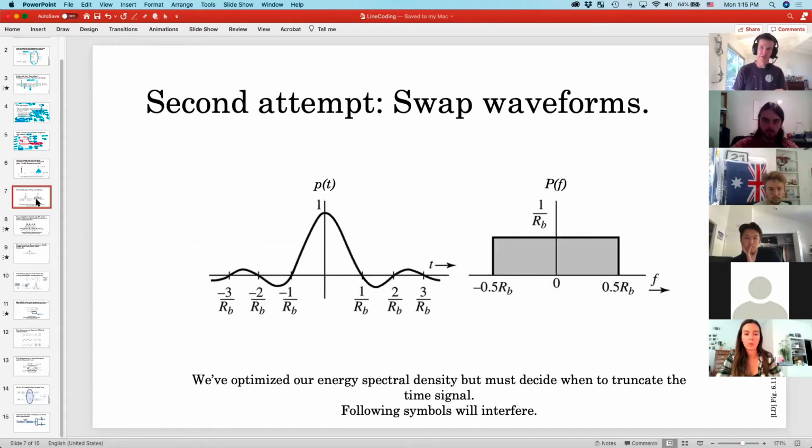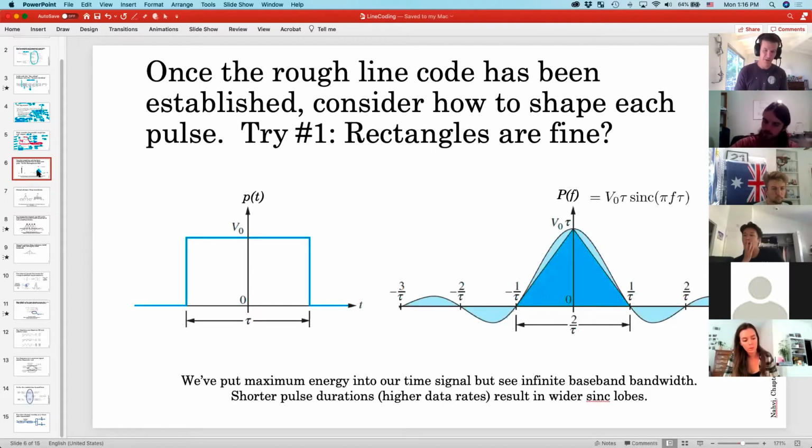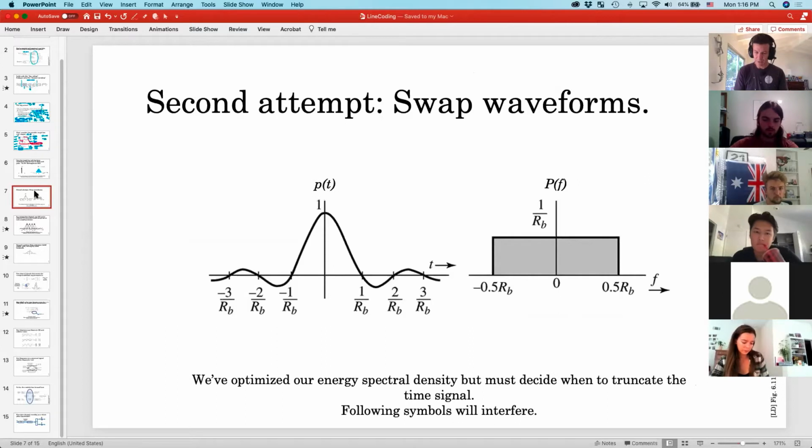I think the other logical thing to consider is what if we had very strict limits in the frequency domain? This picture has very, very strict limits in the time domain, but you end up leaking in the frequency domain. Time-frequency duality tells us that if we do the opposite, if we have strict limits in the frequency domain, then we will be, quote unquote, leaky in the time domain.